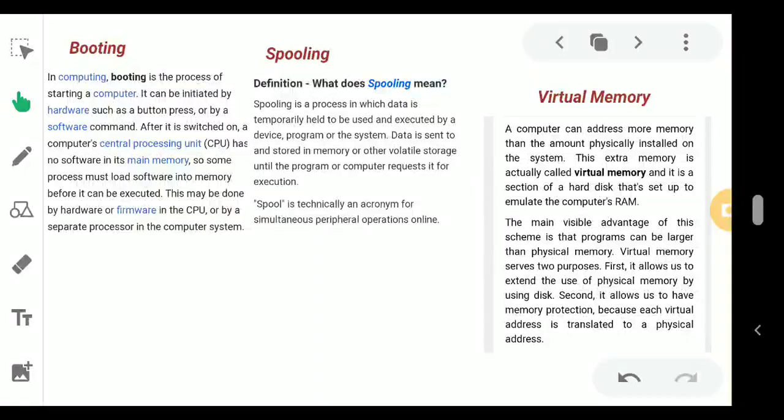Now the next step is that the bootstrap program performs certain tasks when it is initiated. One of its tasks is to run diagnostic steps that check the states of various components of the computer system. This is called the power on self test, or POST.